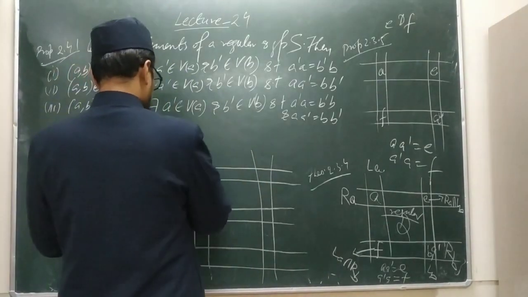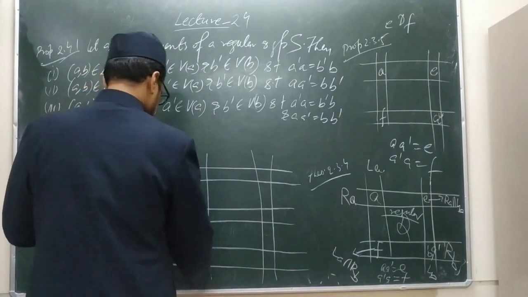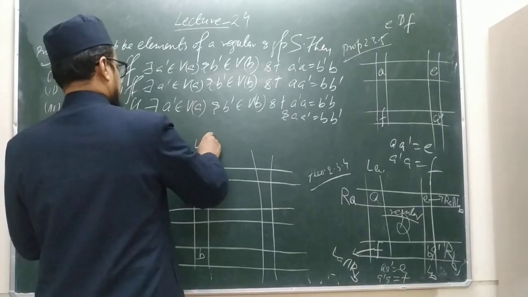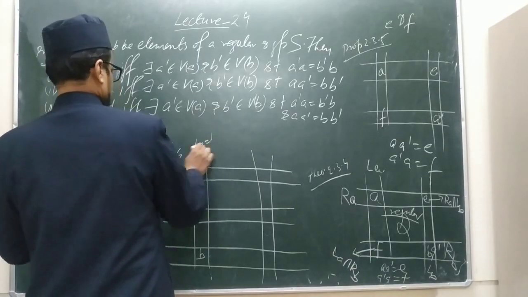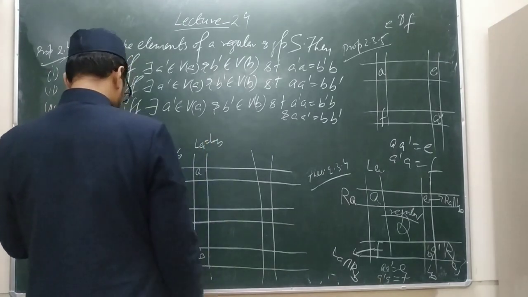This is A and this is B. LA is equal to LB. Correct?